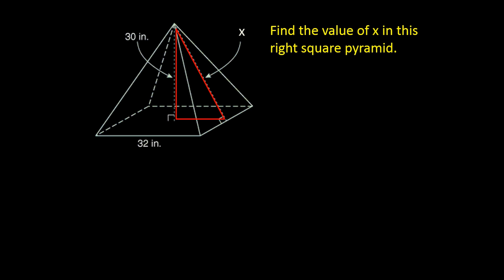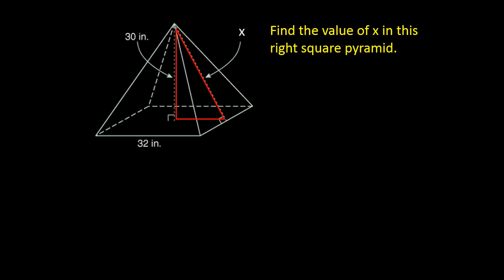It has another side that is congruent to the height of this pyramid, and that measures 30 inches. And it has a third side that is along the base of this pyramid, and it goes from the center of the base perpendicularly to the side of the square on the base. And we need to know the length of that.